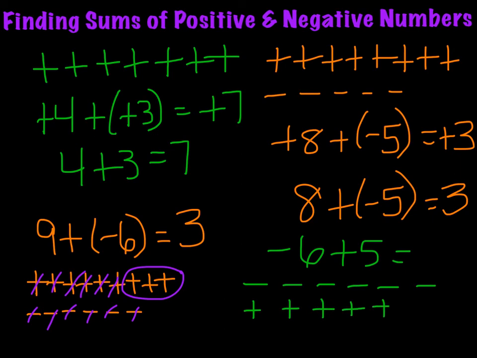Finally, I am going to cross out counters on both sides until I am left with only one type of counter, either positive or negative. 1, 2, 3, 4, 5. 1, 2, 3, 4, 5. And I am left with 1. So the answer to negative 6 plus positive 5 is negative 1.